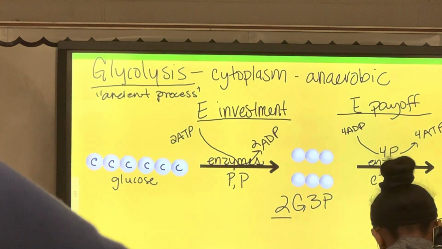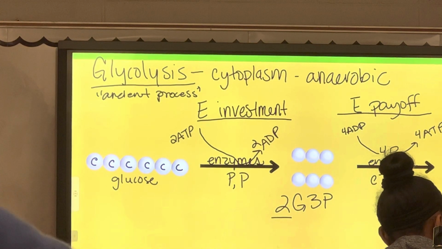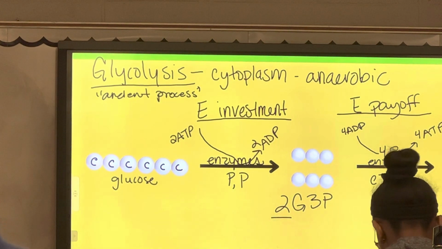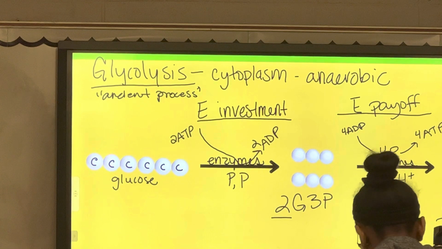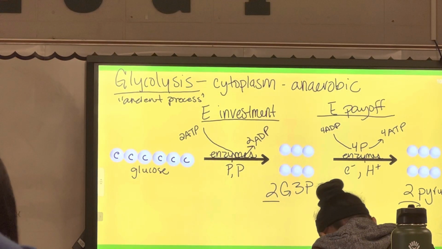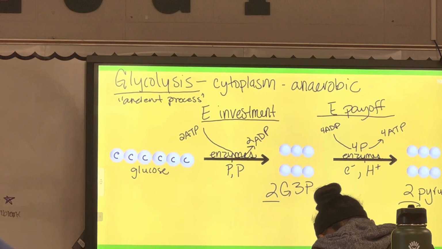The first one being NAD plus. This one's going to carry high energy electrons. And the second one is FAD2 plus. And it's going to pick up low energy electrons. That's going to make more sense in a little bit.